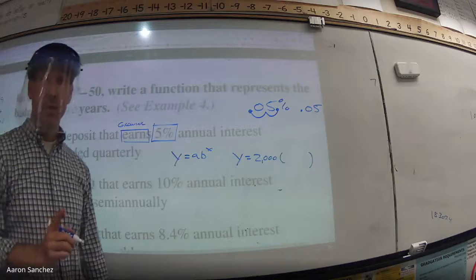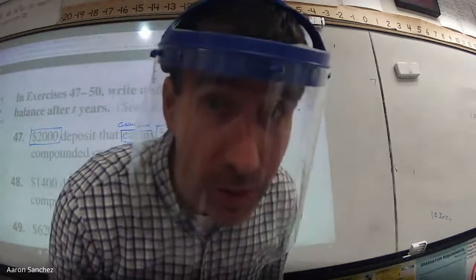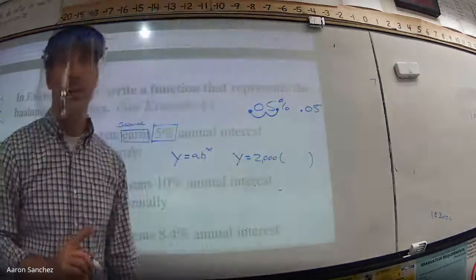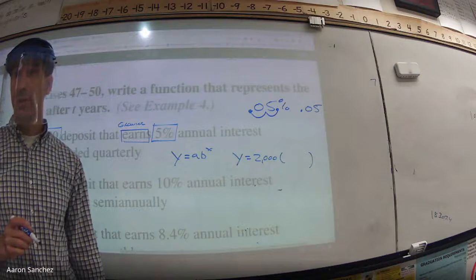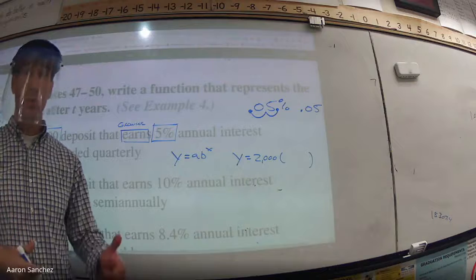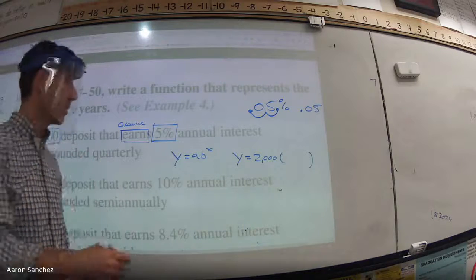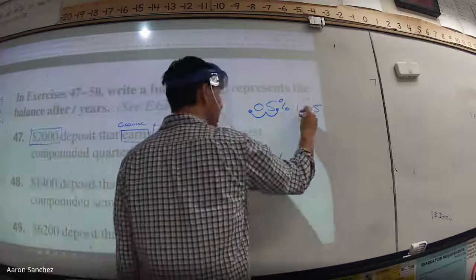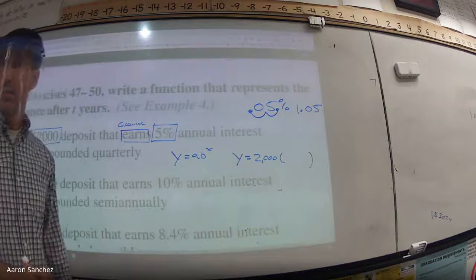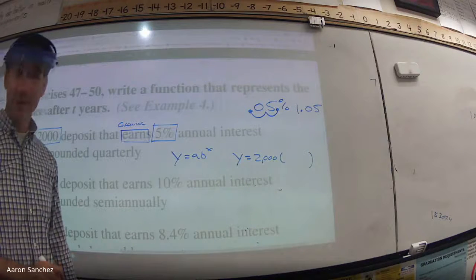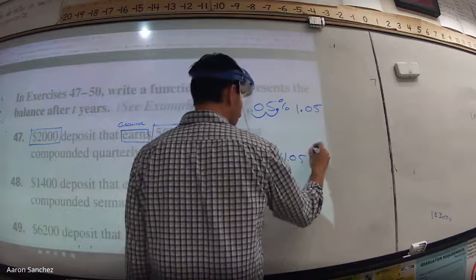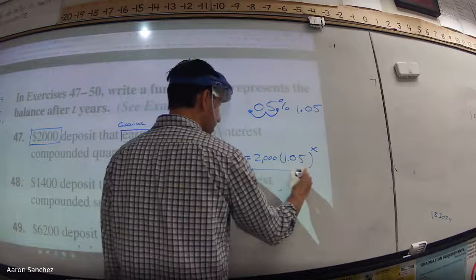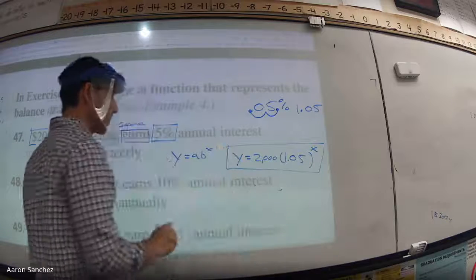But is 0.05 bigger or smaller than 1? Smaller. And we said it's supposed to be bigger because it's growing. So all you do is just add a 1 in front. And that's your b: 1.05. And that's okay. Like, that's a lot, but just so long as you can follow along, right?